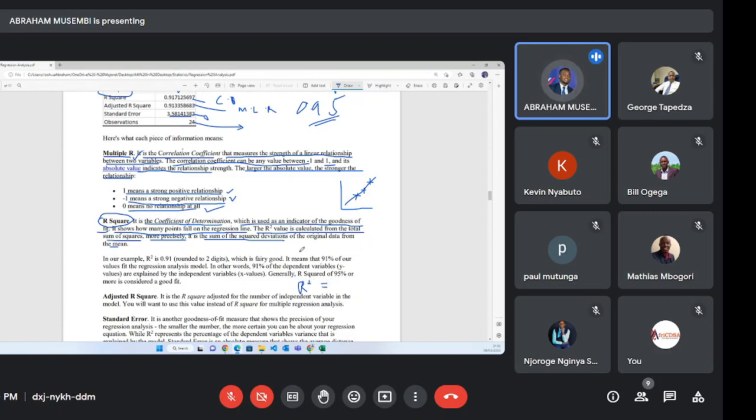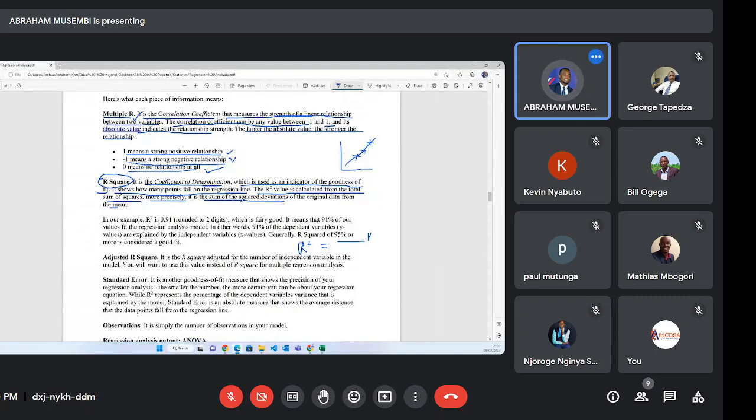a formula here, which you can go and recheck. It's the sum of squares of the data. We take the actual points minus the mean, then square it, and also take the summation.